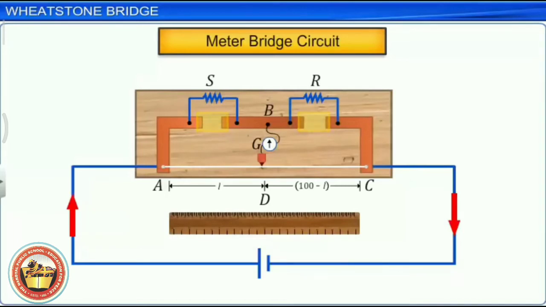Here G is the galvanometer. We connect it between the two L-shaped metallic strips. A and C is the 100 centimeter wire, clamped between two metallic strips.